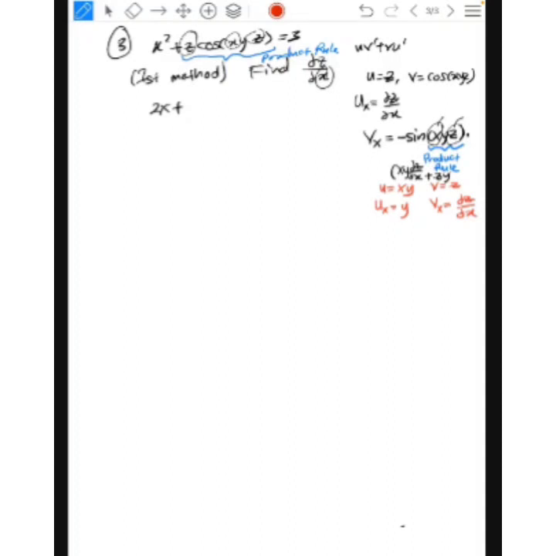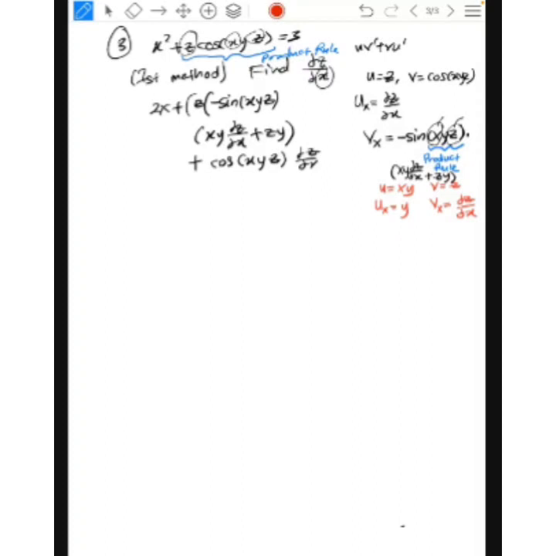So this whole thing, for the z only, will become u v prime: z times negative sin xyz times xy del z del x plus zy, u v prime plus v u prime, which is cos xyz del z del x.